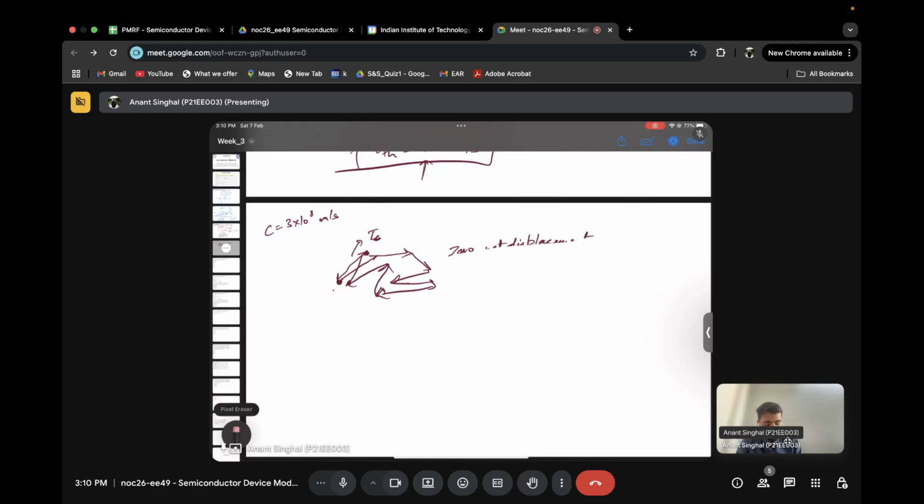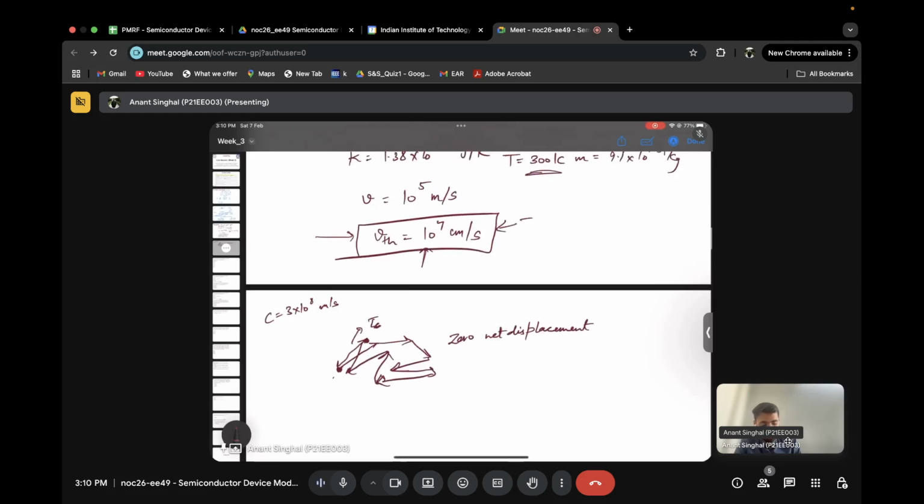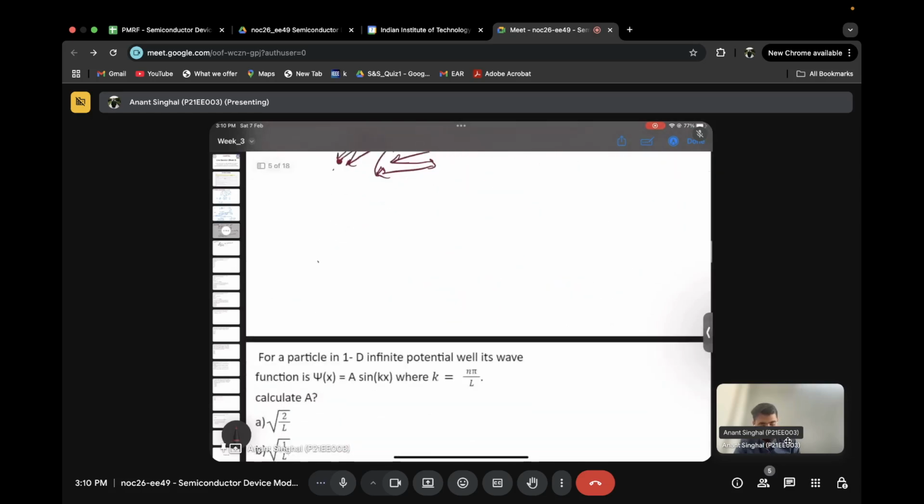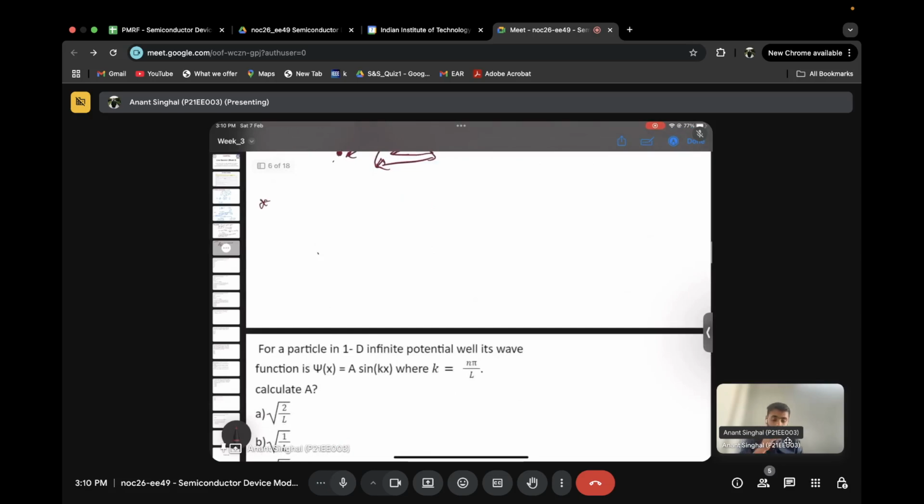So this is a thermal limit, right? We cannot go beyond it. I'm talking about 300 Kelvin. Now the second part: if we apply an electric field, we get what I said is the drift velocity.